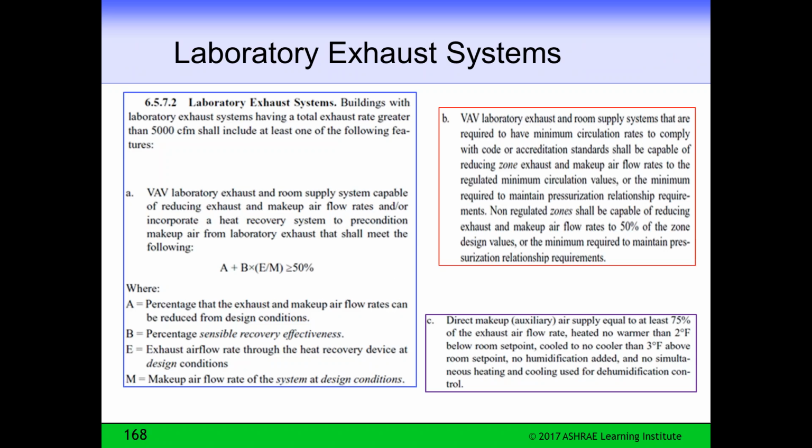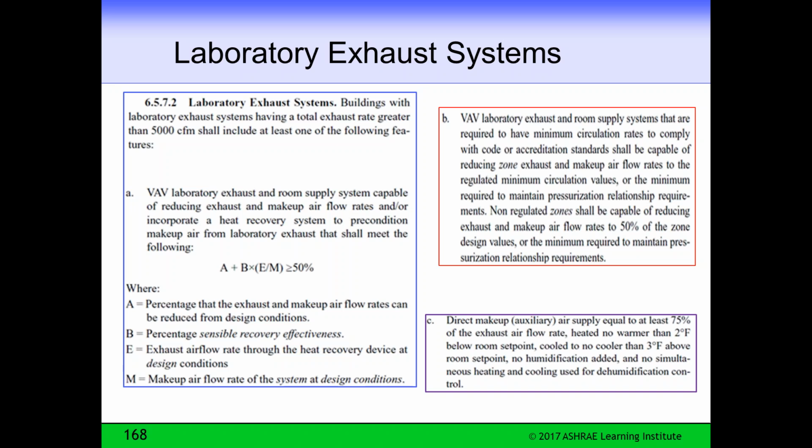Laboratory exhaust systems. The laboratory exhaust systems haven't changed in a little bit. Now, the laboratory exhaust systems require either energy recovery or a variable speed system. And at this point, we've combined the two into one simple equation.